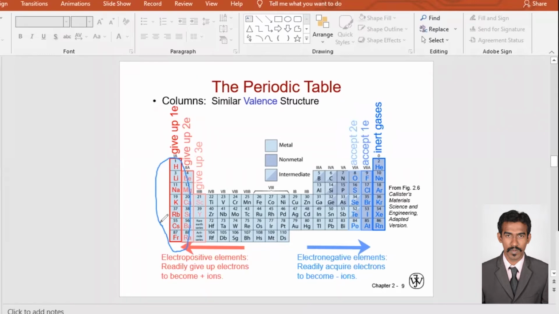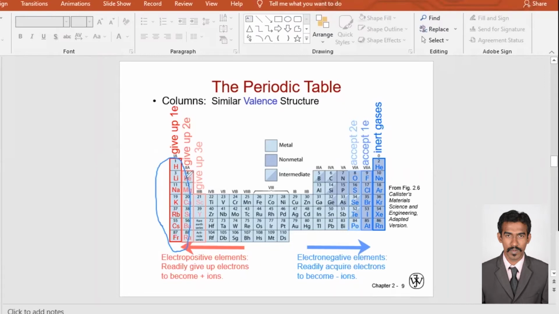Sodium is 1s2, 2s2, 2p6, 3s1. Since the last orbitals are finishing with S, these are called S block elements.